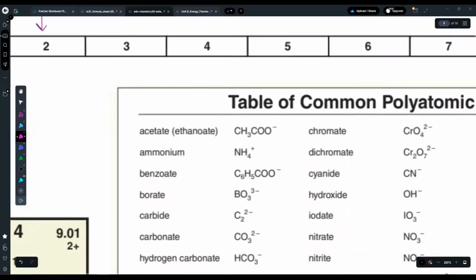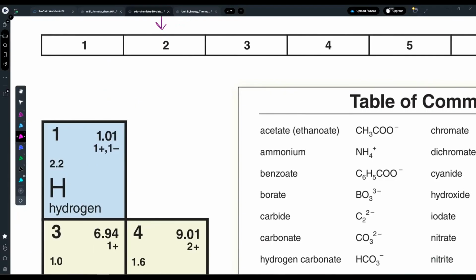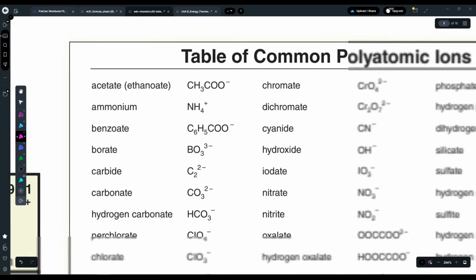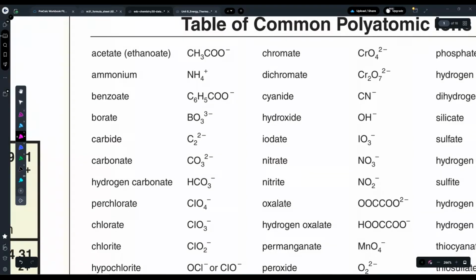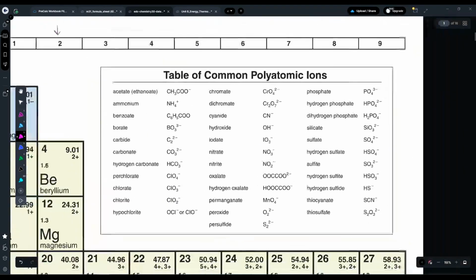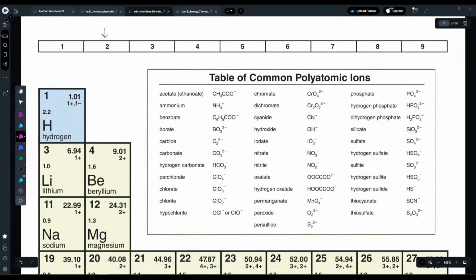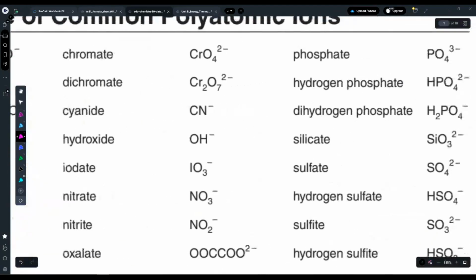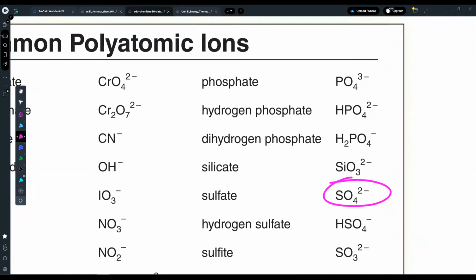How I know this for sure is if you look this up in your periodic table. Okay, so hydrogen, yes, it does have positive and negative, but the negative is only for hydrides, and we do not have a hydride in sulfuric acid. We have the positive version here. Okay, another way that you know that hydrogen is your cation in your sulfuric acid is because sulfate is the anion.